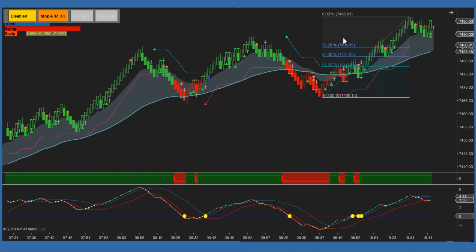What he's looking for is a retracement to either of these zones. Now, if you've spent any time at all with Fibonacci levels, you know that there's a great deal of subjectivity to them, and that's really the pain when it comes to using Fibonacci tools.